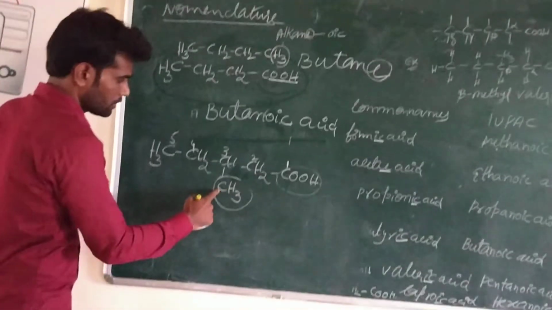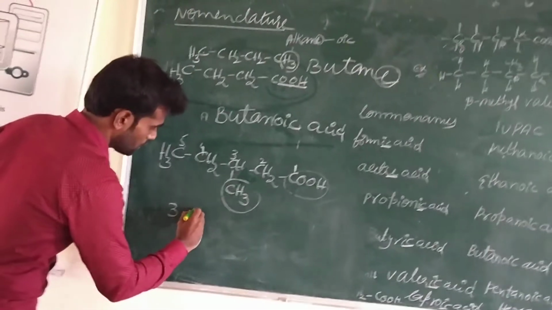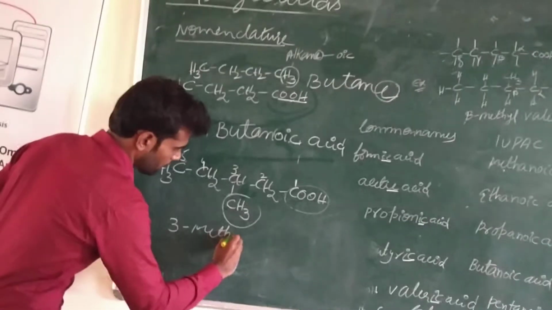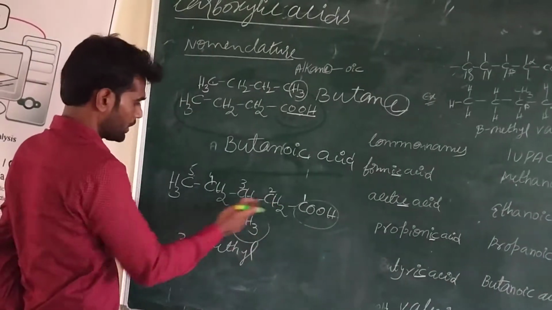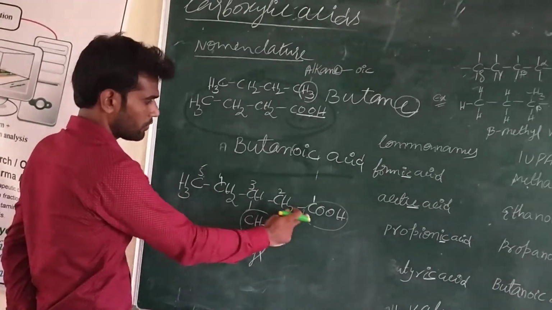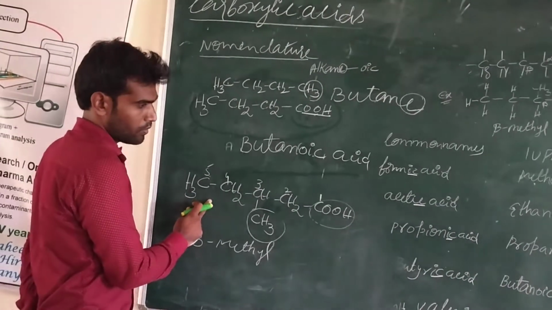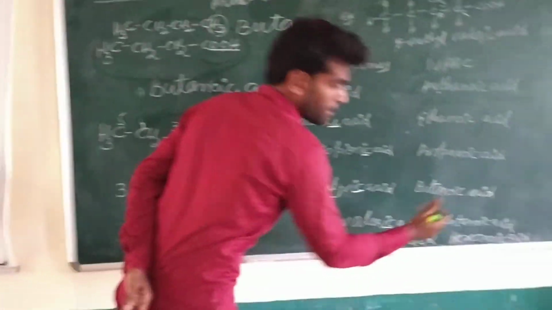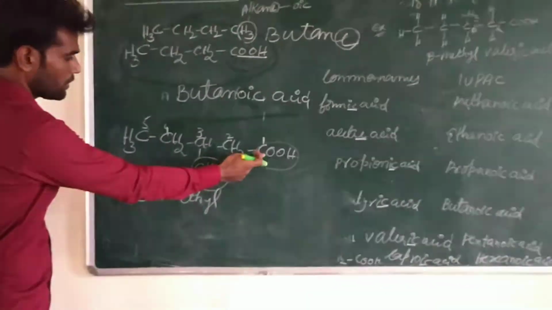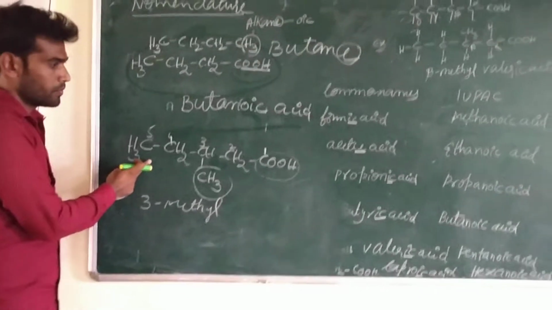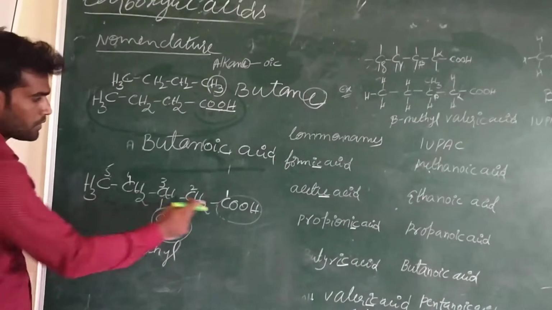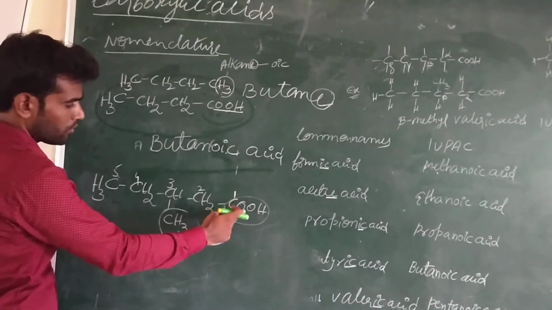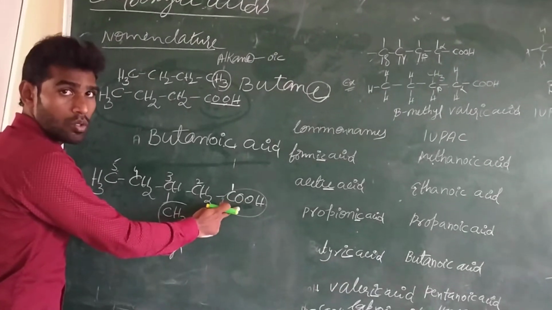So now here, this is the 3 methyl. How many carbons are there? 5 carbons. If it is a 5 carbon molecule, what is the IUPAC name for it? Pentanoic acid, because it is a pentane. In pentane, the 2 hydrogen atoms are replaced by the 2 oxygen atoms.